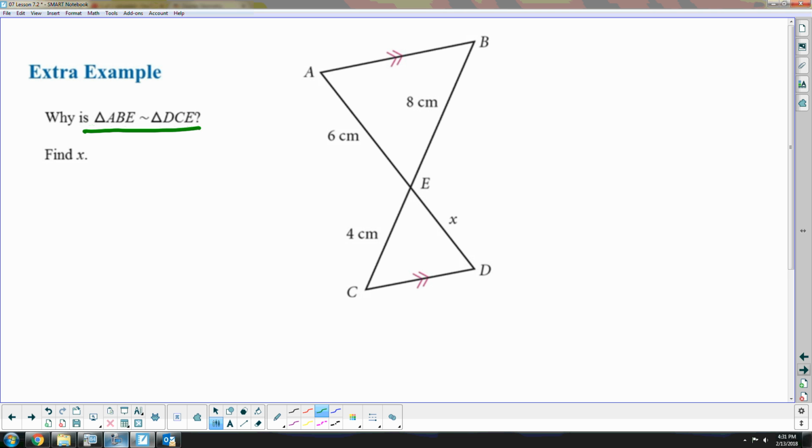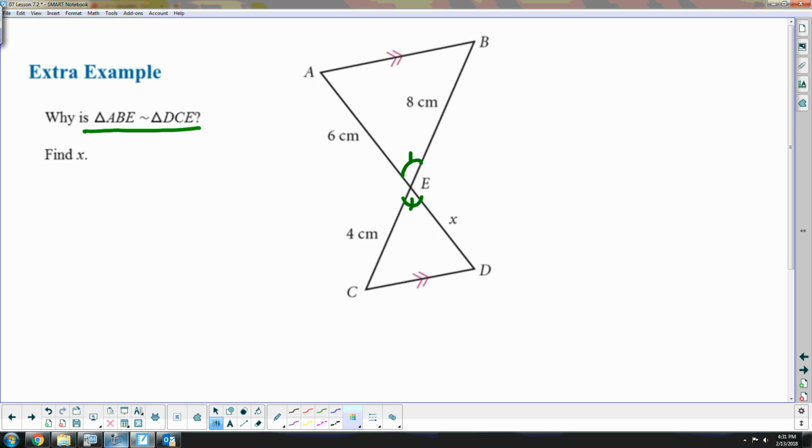So we can either say that all 3 sides are proportional to all 3 sides, all 3 angles are congruent to all 3 angles, or 2 sides are proportional and an included angle is congruent. Well, we know that these 2 angles are congruent, so let's start there. And then the other thing it gives us is that those 2 lines are parallel.